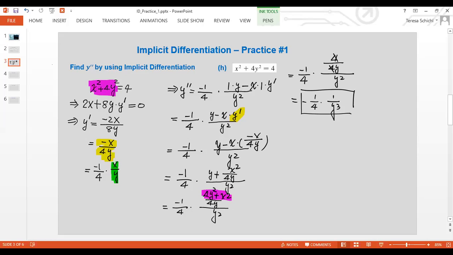Okay, so one other thing I want to do is just show you, either way, you can use what we did here, or you can go from the original derivative, from our initial derivative.